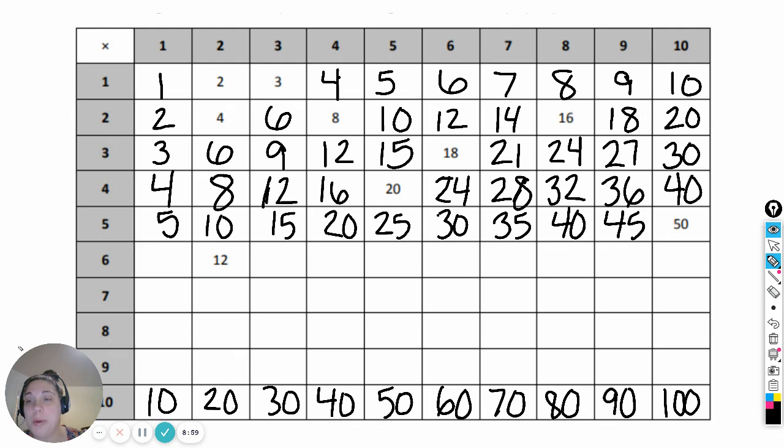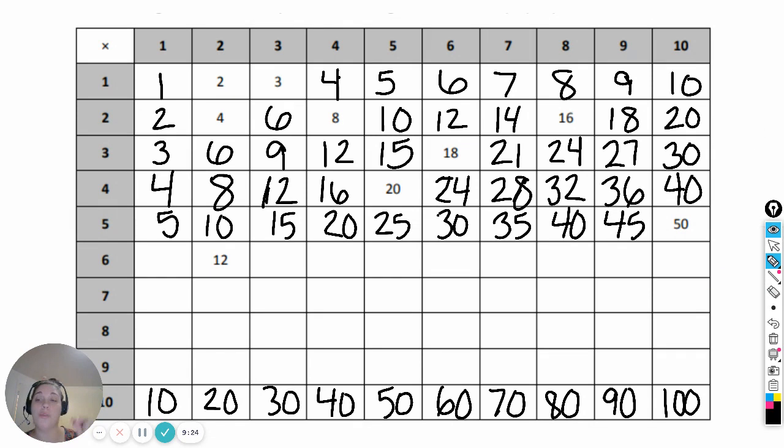For example, 2 times 3 equals 6. If we switch it to 3 times 2, it will still be 6. So no matter which one we look at, 3 times 2 or 2 times 3, both answer spots have a 6 in them.